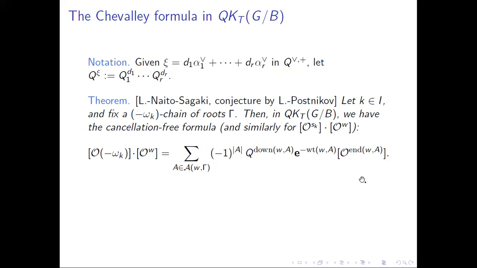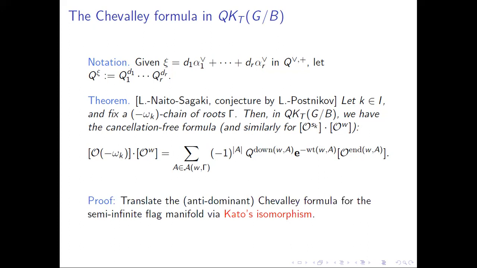So you get this sum of Schubert classes indexed by end of W and A. And again, you see these statistics here, the Q variables from quantum K-theory is raised to the power down of WA. This down is an element of the positive part of the root lattice. So you use this notation that I explained above. And then you have the equivariant coefficient e to the negative weight of the pair WA.